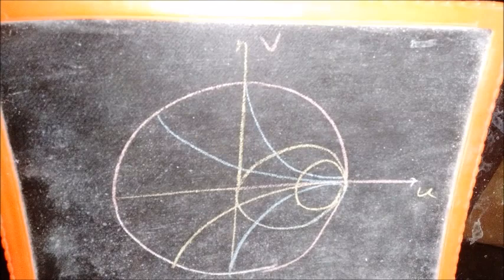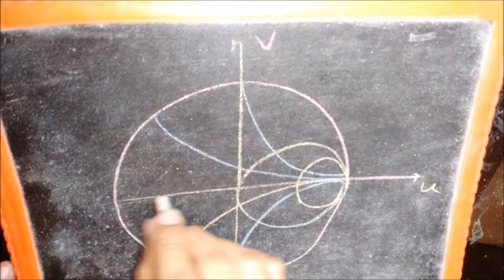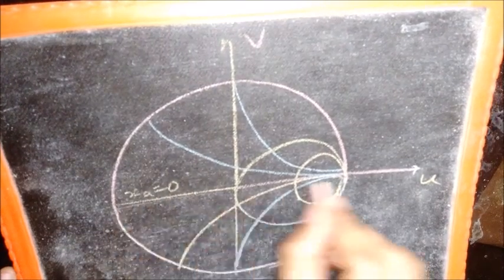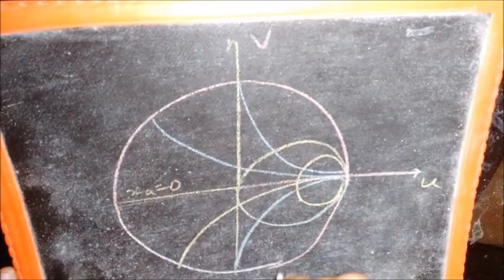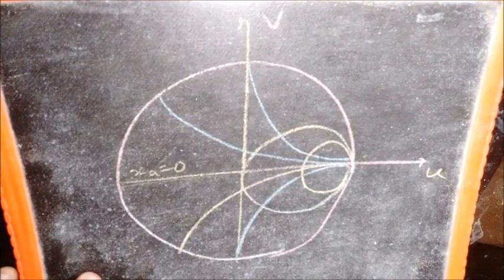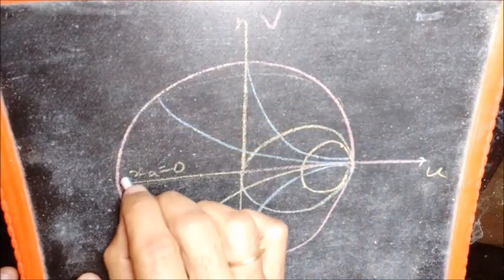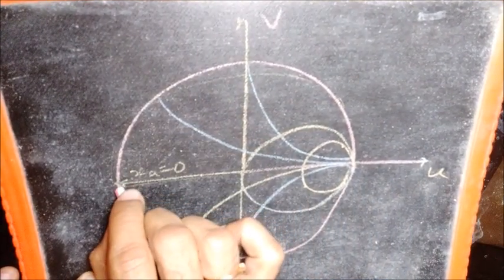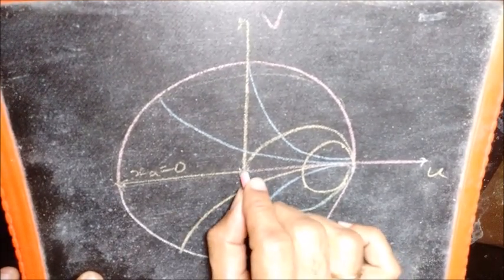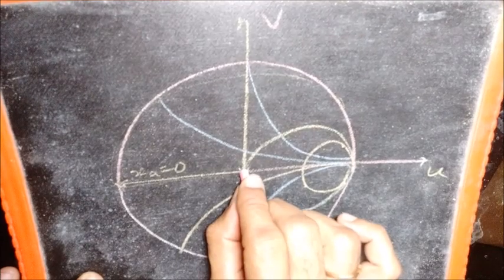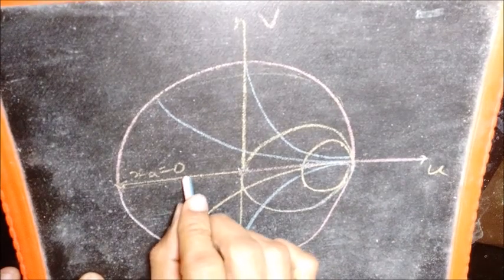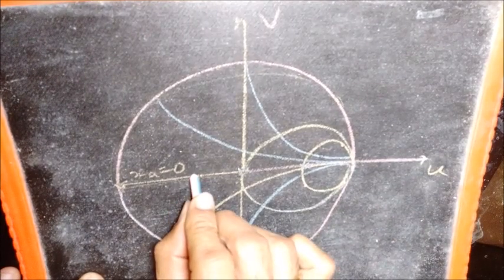Now we know that on this, XA is equal to 0. On this side XA is positive, on this side XA is negative. I think that was explained earlier. Now, this circle is for RA equal to 0. So this point refers to RA 0, XA 0. This point refers to RA 1, XA 0. This refers to RA 2, XA 0. And in between somewhere here you will have RA 0.5, XA 0.